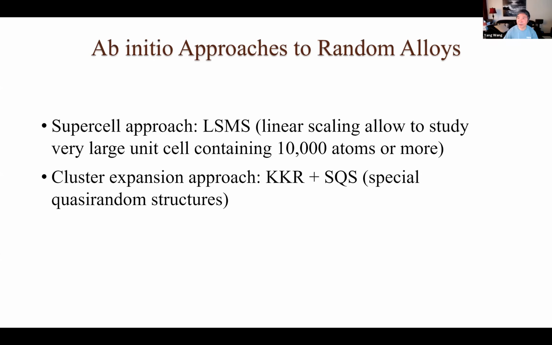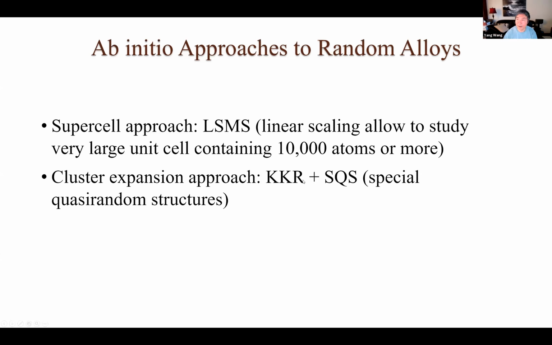Another thing I want to mention is that the difference between LSMS and KKR is in the way the tau matrix is calculated. Everything else is still the same. LSMS is a real space approach, where the tau matrix is calculated by ignoring long range multiple scattering processes, so you can form a linear scaling way of calculating the tau matrix.